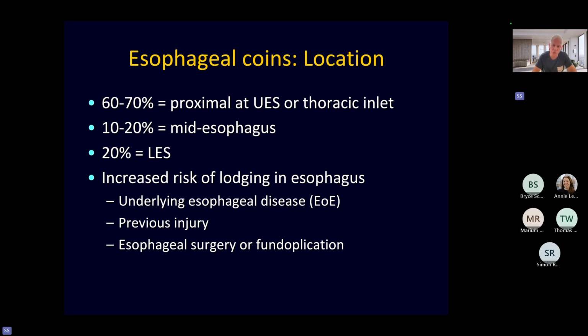Eosinophilic esophagitis, reflux esophagitis with edema, Schatzky ring, a web or membrane. When it's in the UES or thoracic inlet, that's very unlikely to be associated with esophageal pathology. But the lower down in the esophagus you go, especially in the mid-esophagus, you really are worried about esophageal pathology.